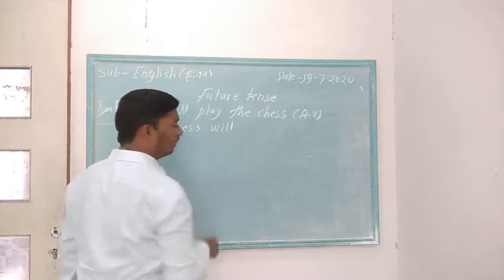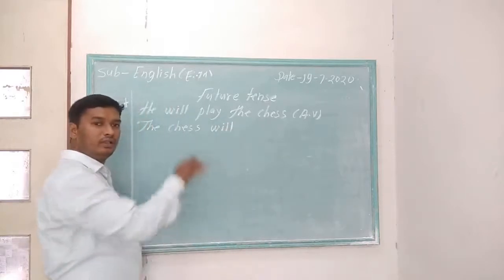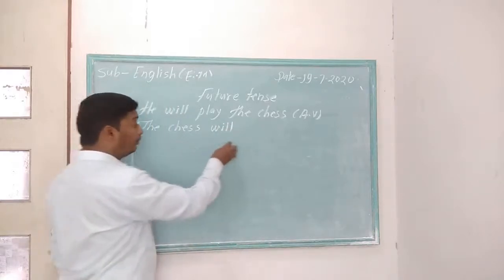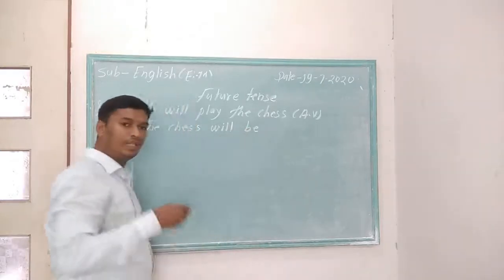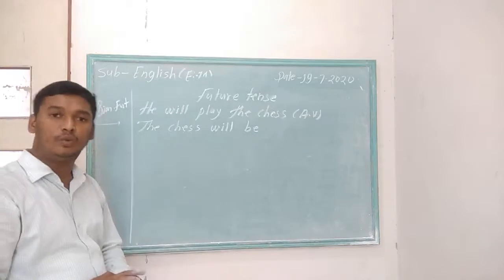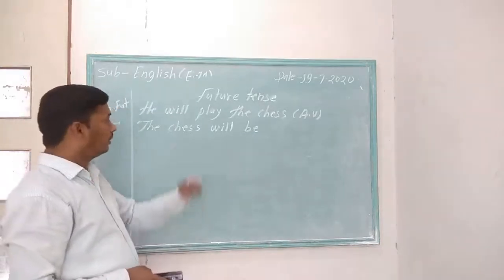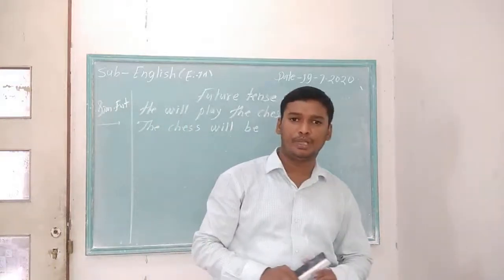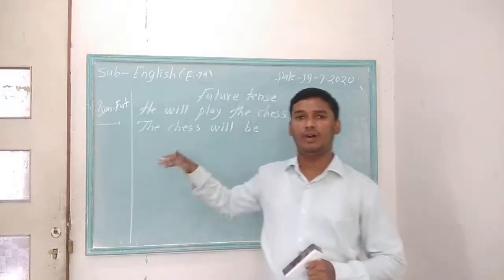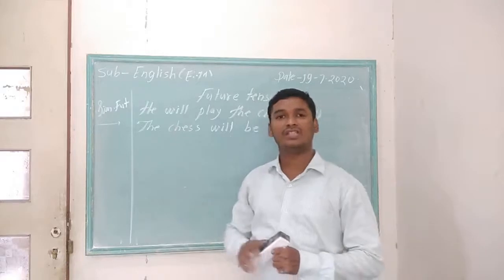Then take the proper auxiliary verb, will. After will, we have to take be because it is a modal auxiliary verb. We take this in the second method, having modal auxiliary verbs. We don't take any auxiliary in simple present and simple past, but we take will or shall in simple future.